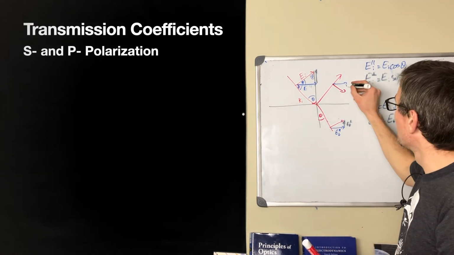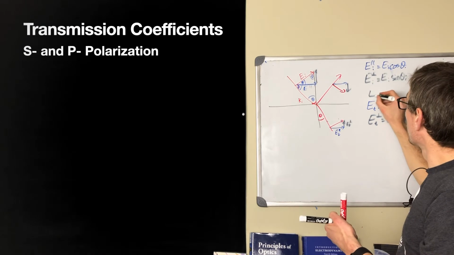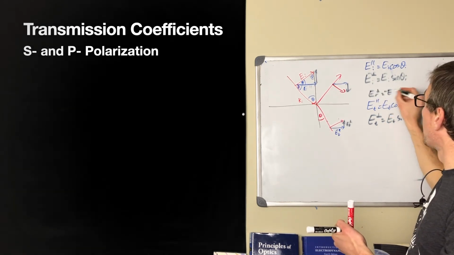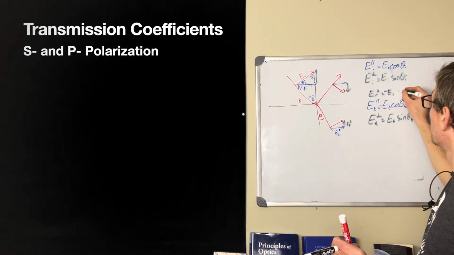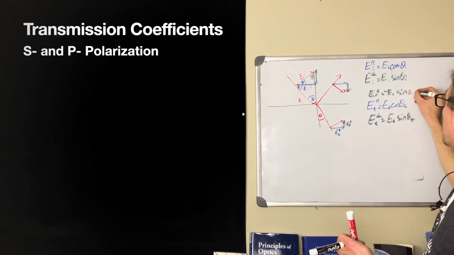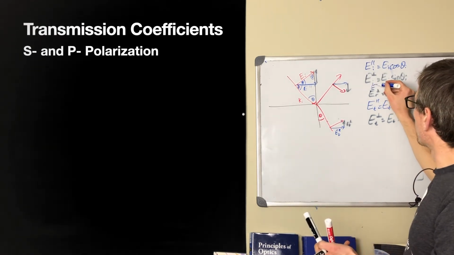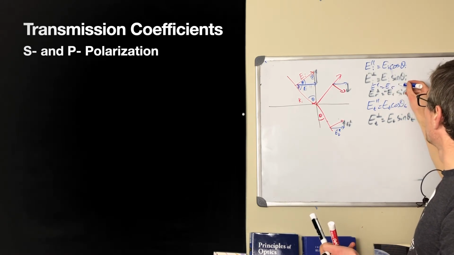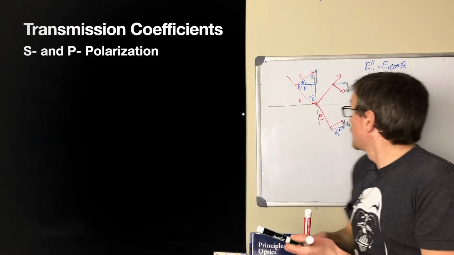I keep saying the wrong thing, but the perpendicular is now going down. Okay, so E reflected perpendicular is equal to negative E reflected sine theta r. And it's going to be the same form for the parallel, a bit bunched up here, but forgive me. Cos theta r.